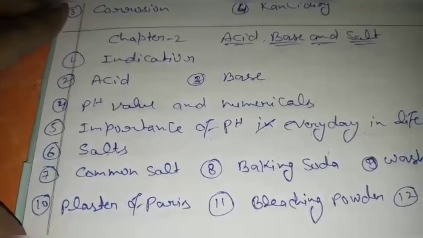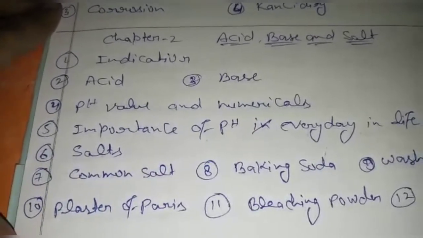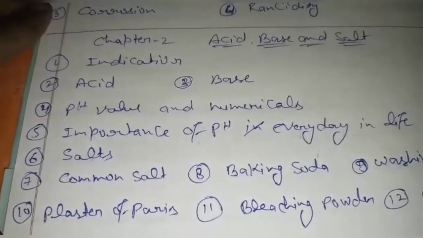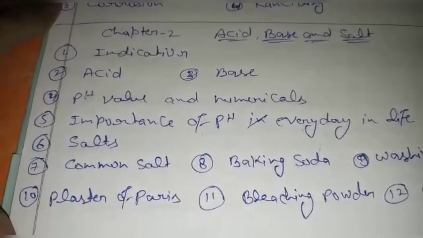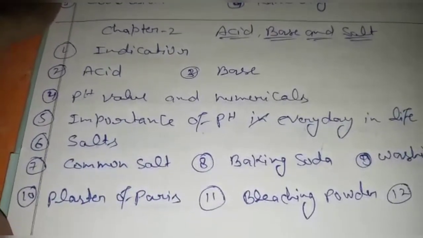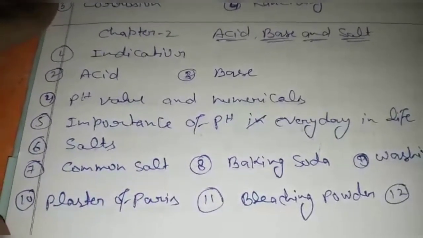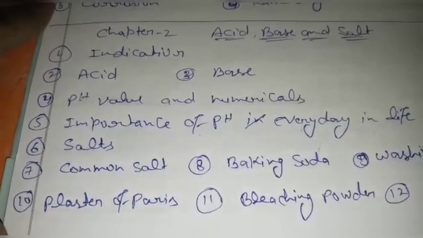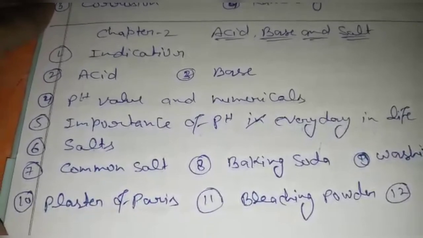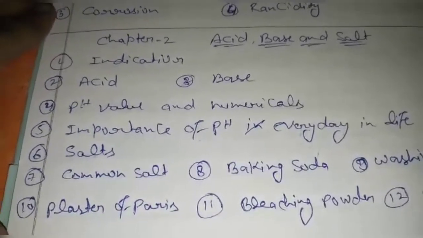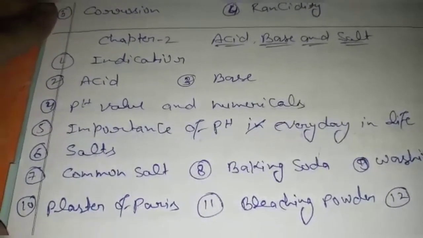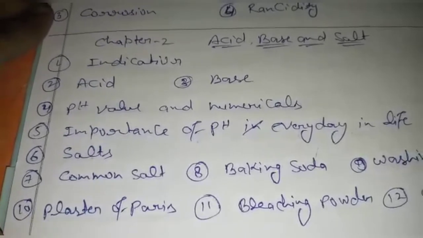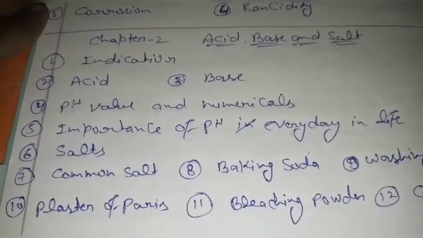Definition of acid and base according to Arrhenius and the properties of acid and base. Numericals of pH value, and learn some pH values such as milk, blood, saliva, before eating, after eating, acid, strong acid, weak acid. These pH values you have to learn.